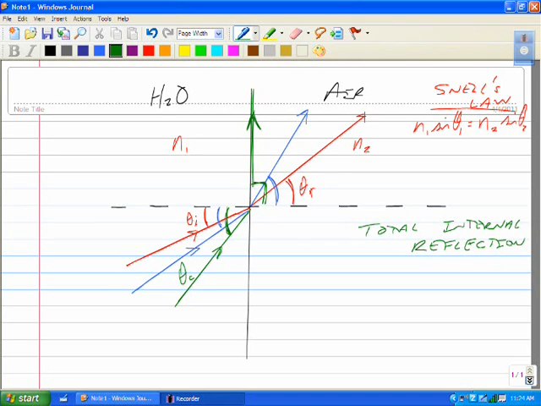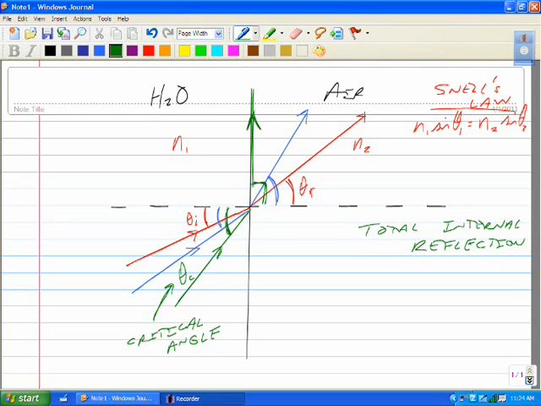There's an angle that when we get large enough, none of the light goes through, it all reflects inside. And that angle is called the critical angle. That's why the little c. So the critical angle is the angle that once large enough, no light refracts, it all reflects.